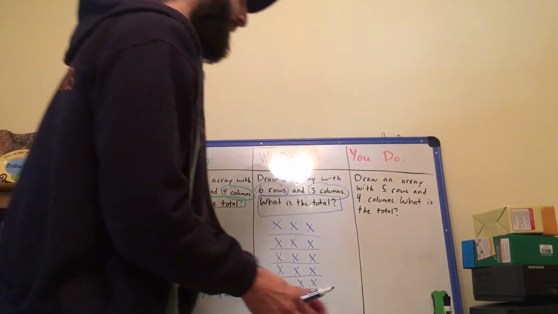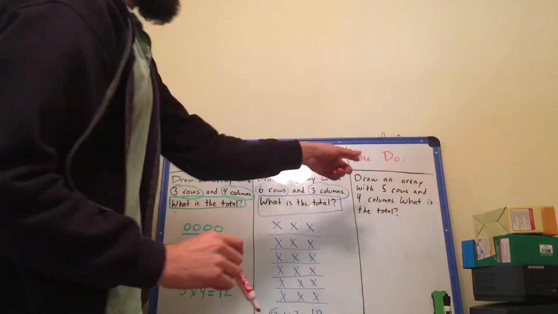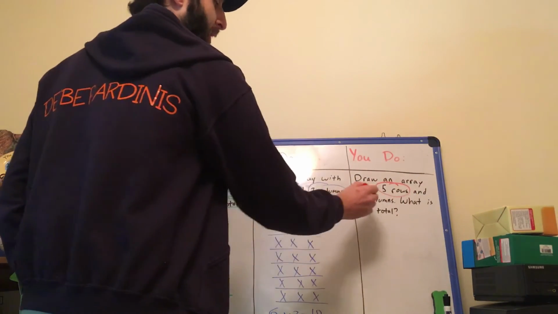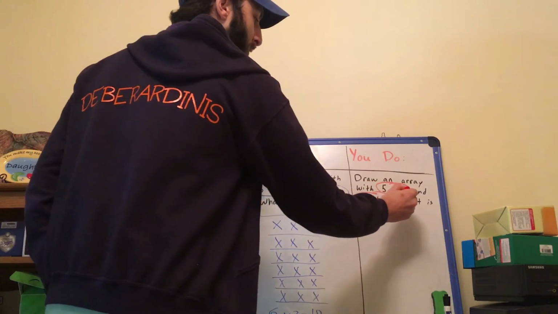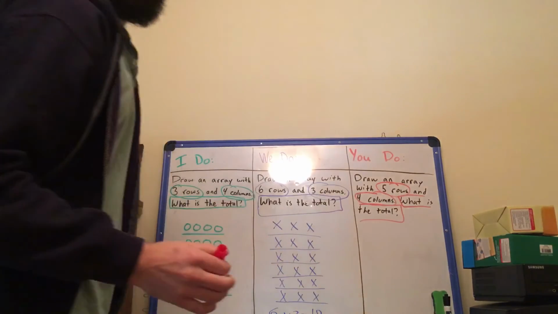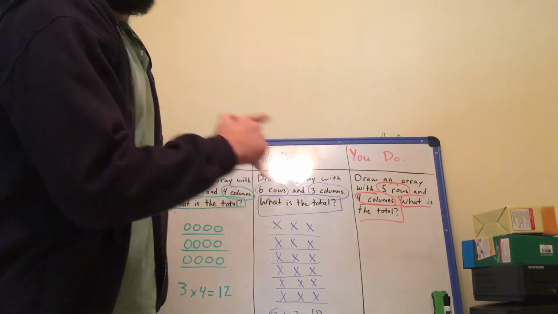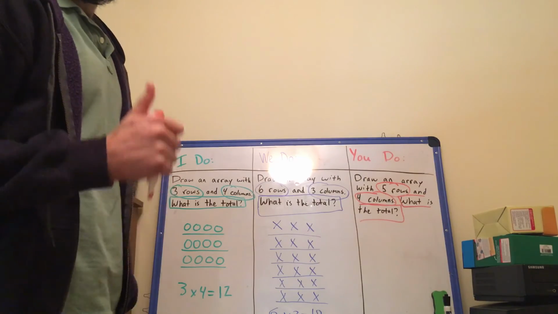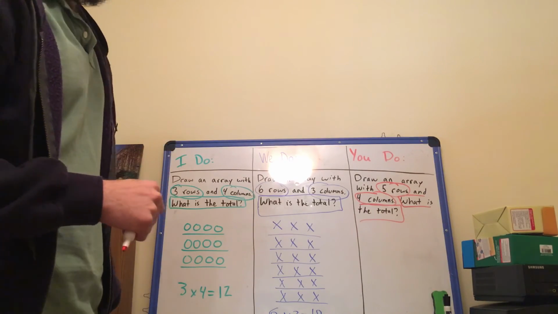Now the last one is asking you to draw an array with 5 rows and 4 columns. What is the total? So go ahead and pause the video and try it on your own, and then I'll do the rest. Awesome, you should have just completed it on your own.